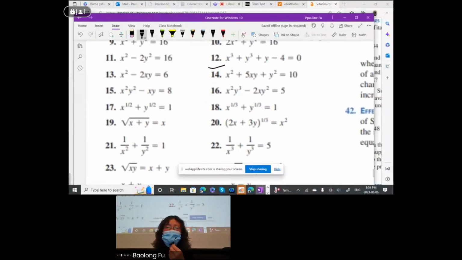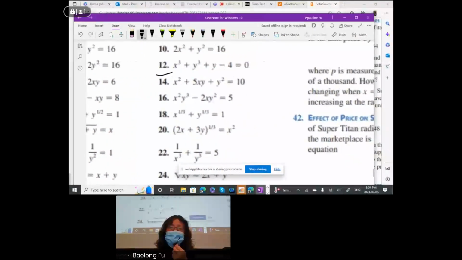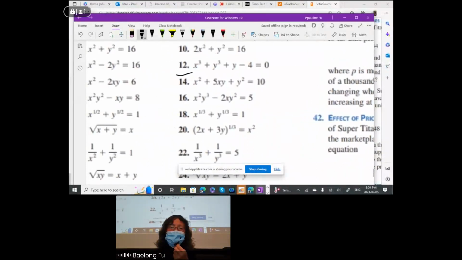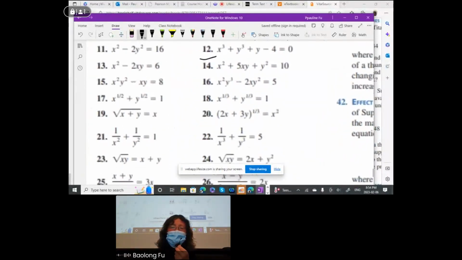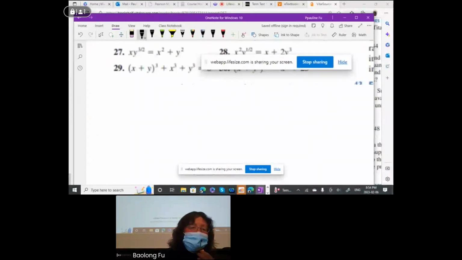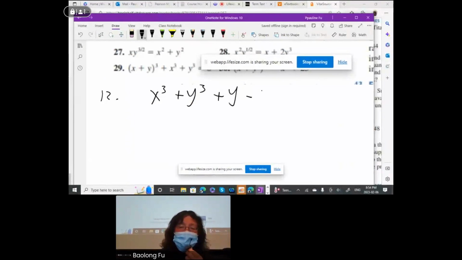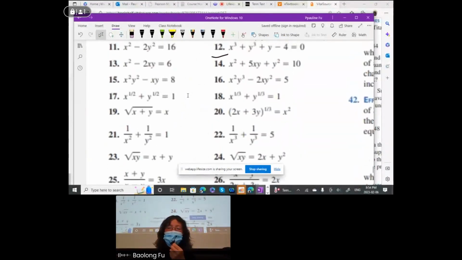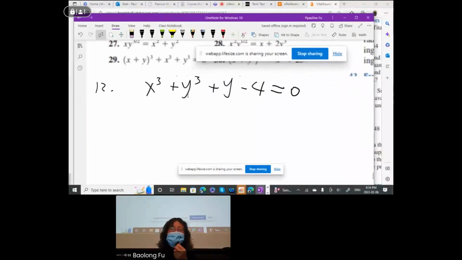I need space to copy down the question. Double check, is this the question? Yeah. So the question asks for implicit differentiation. You take the derivative on both sides.